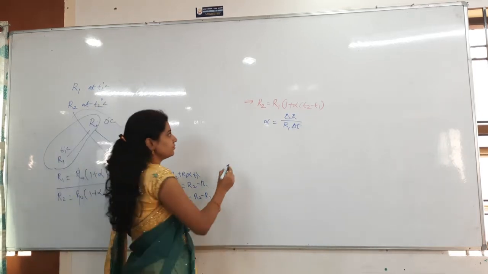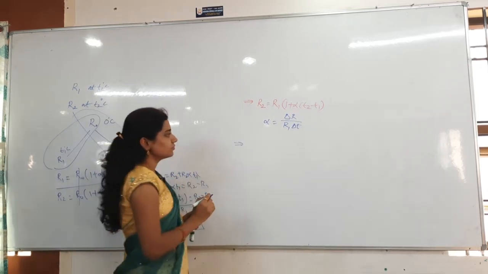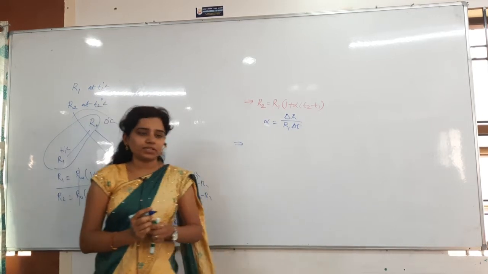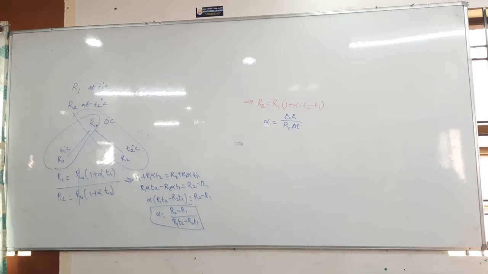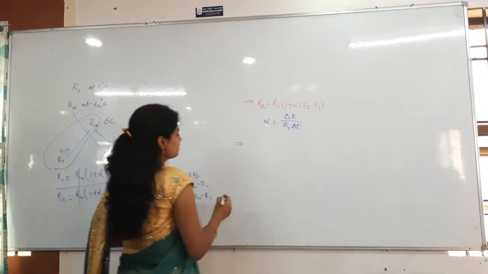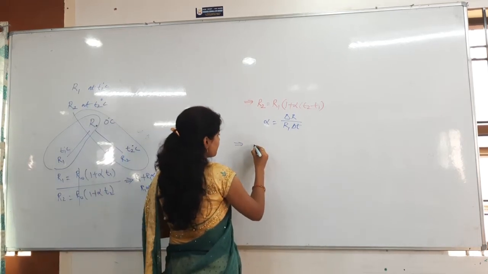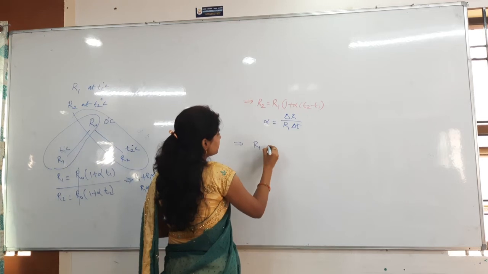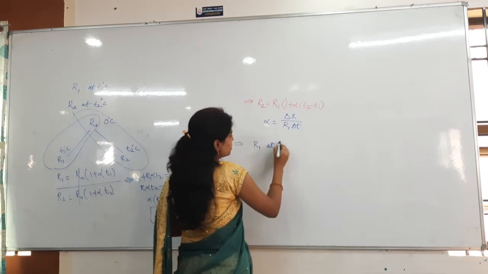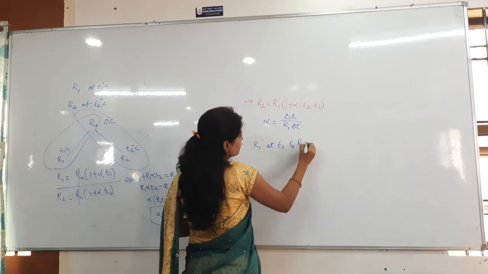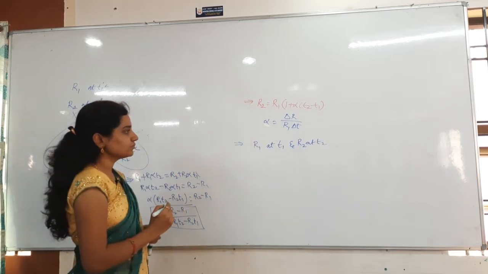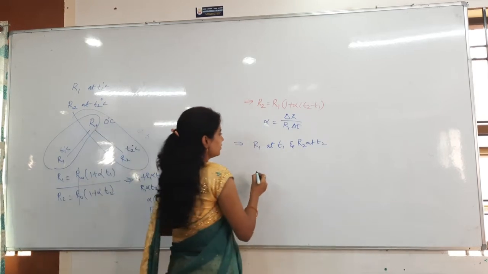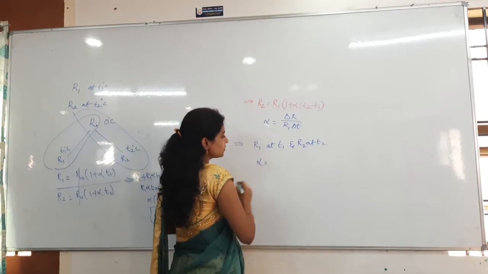Then second formula. Particularly, if resistances are given at specific temperatures, then what is the formula? Alpha is equal to how much?